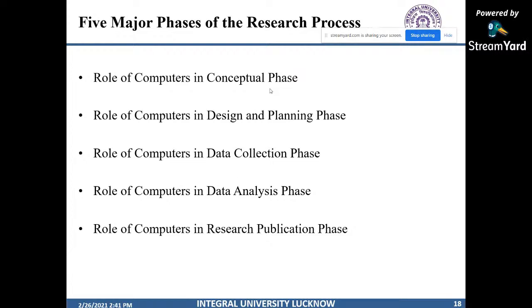In tomorrow's class, I will show you one very good electronic database, that is Mendeley. I will show you the practical aspect of that, how you can use it for your research. You will be creating an account in that database, and whatever you are searching, you add to that database.